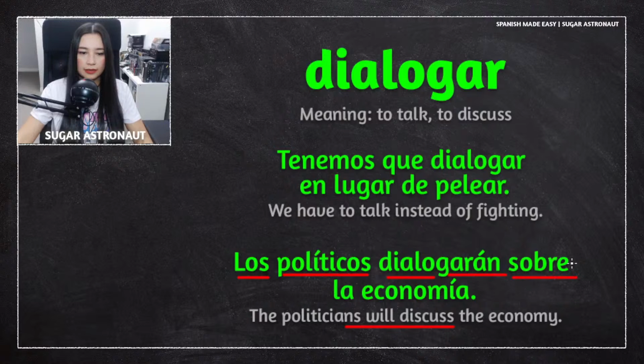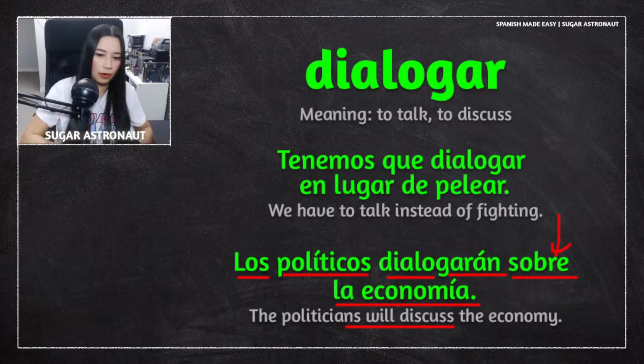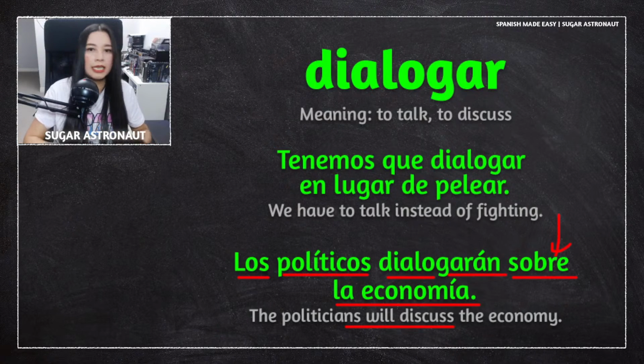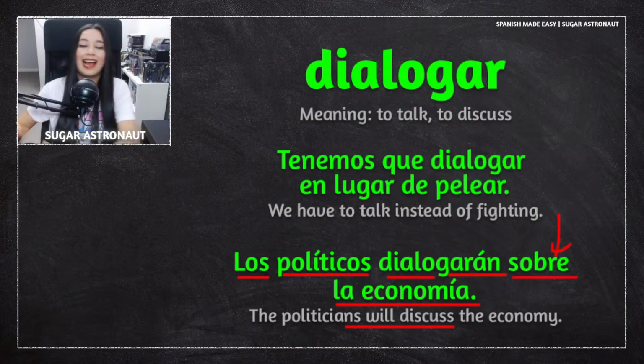sobre la economía. Sobre means about. So it's a common thing to say dialogarán sobre. Okay? Dialogarán sobre. It's similar to saying to talk or will talk about. Okay?